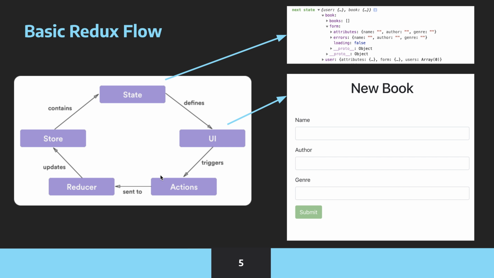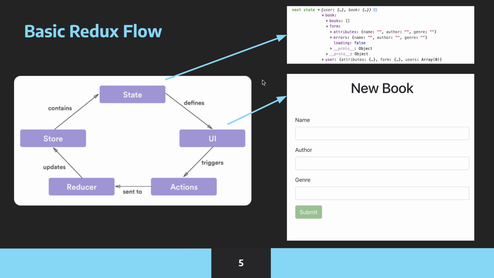So if you typed into an input, it's going to take whatever you typed and pass it to the reducer. The reducer decides which piece of the store to update. And then once the store updates, that's where your state is contained, so that drives the UI. So that's kind of the flow of how changing something in the UI is going to update the store, which is then going to change what is displayed in the UI.